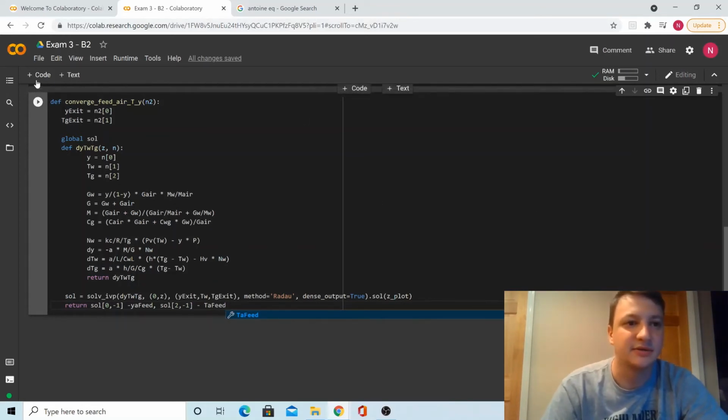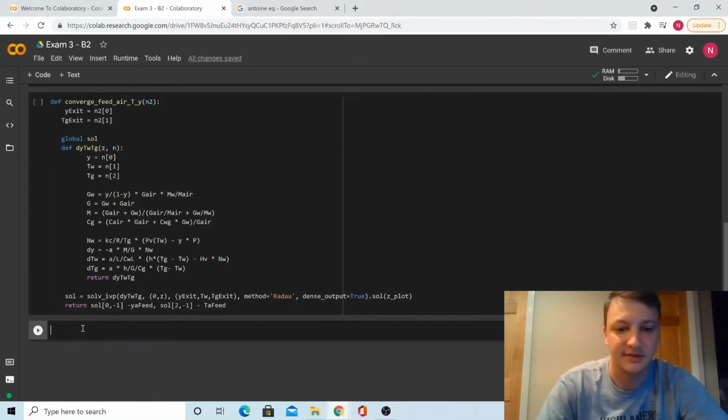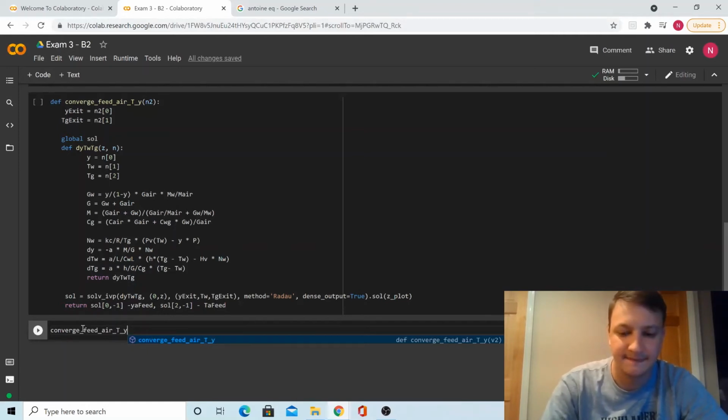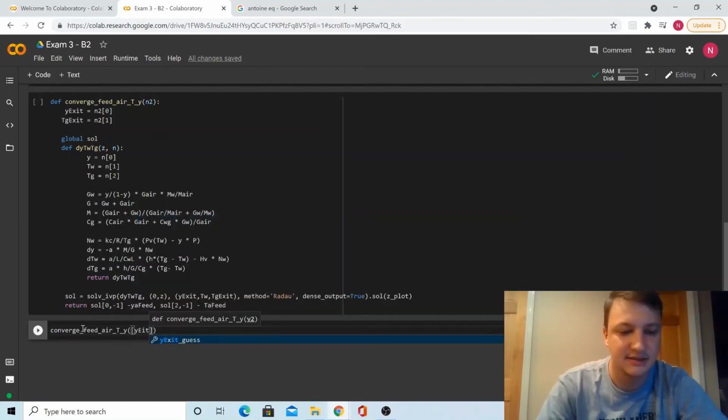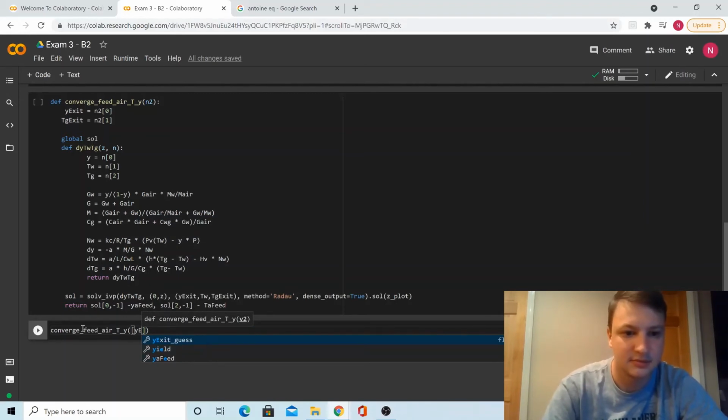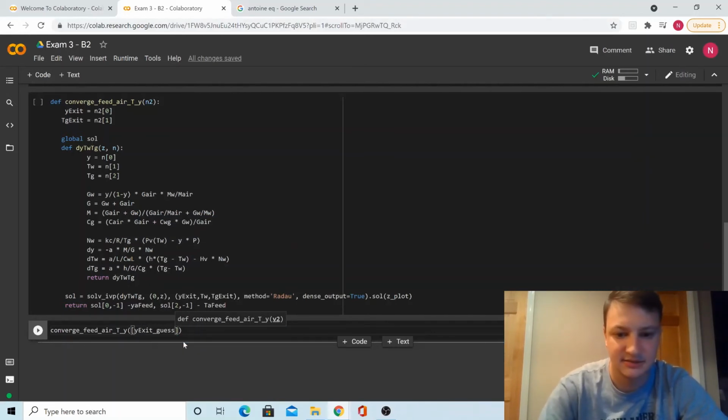With that, we're now going to quickly check it to make sure everything works. We're going to have a converge, feed, air, T, Y. And we're going to put in the exit guesses here. Exit guess, exit guess, exit guess.